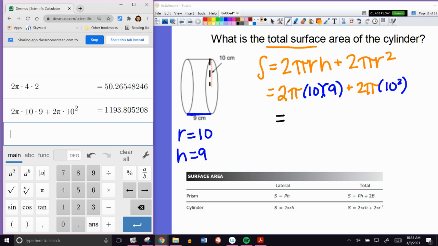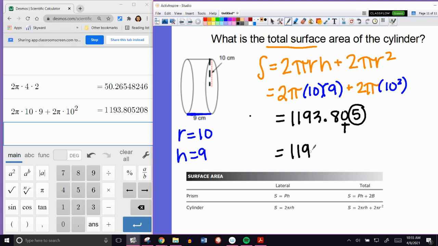All right, so this tells me that my total surface area is 1,193.805, but we are going to round to that hundredths place again, and that 5 does tell me to round up. So my surface area is 1,193 and 81 hundredths, and these are centimeters squared.